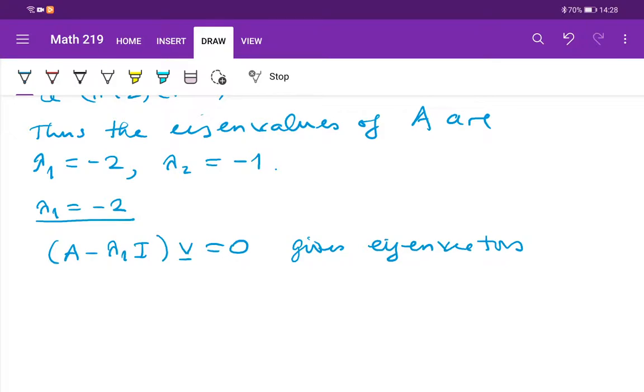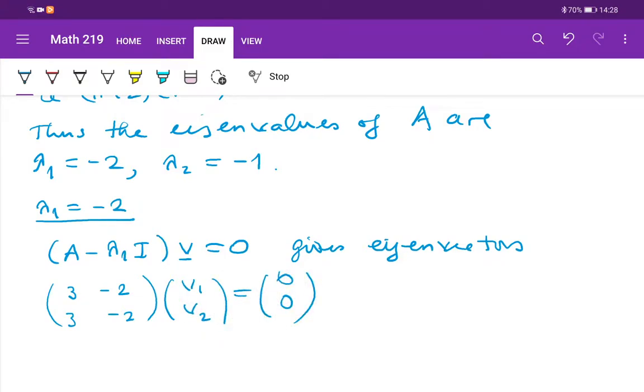So when you put in lambda 1 equals minus 2, we get the equation with 3 minus 2, 3 minus 2, times v1, v2 equals 0, 0.